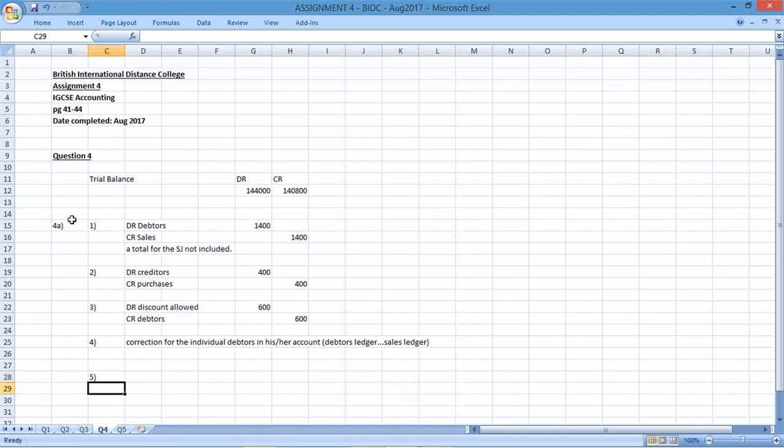Alright, then number 5 says a payment of 1,200 to a supplier had been entered twice in that supplier's account in the purchaser's ledger. So purchases was affected twice, so we need to fix the purchases. I would have a payment, so the payment would have decreased. I would debit the suspense and I would credit the purchases, because they say only the purchase account had been entered twice.